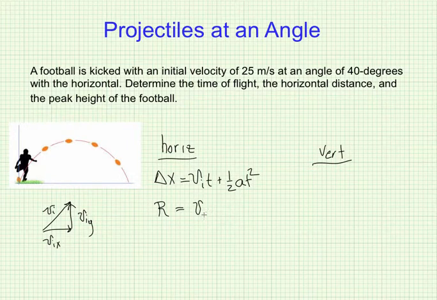Time is going to be the same whether it's horizontal or vertical. And remember, the acceleration is going to be 0 horizontally because the only thing acting on it is gravity, and gravity acts straight down. So from now on, when I'm focusing on the horizontal, I'm just going to look at my range equation. Secondly, we've got the vertical.